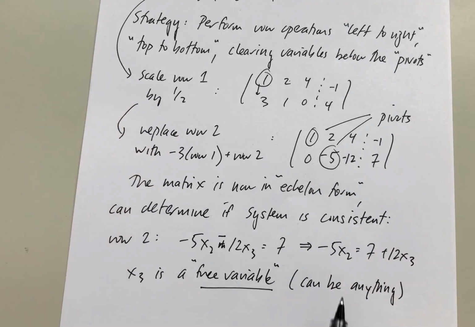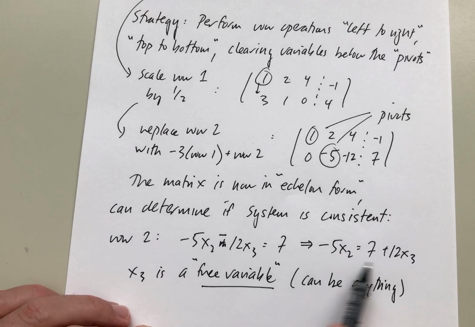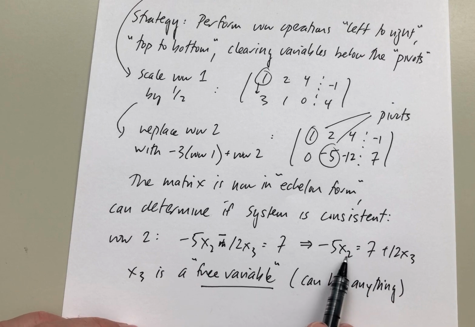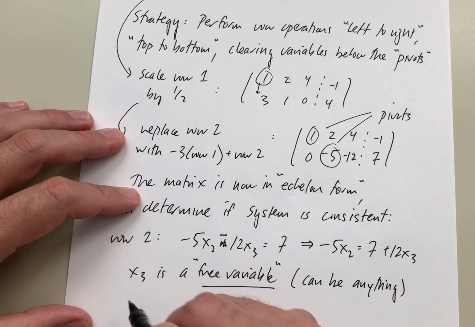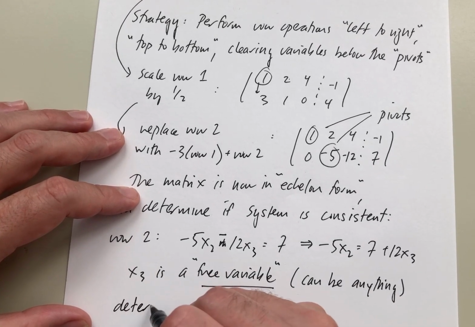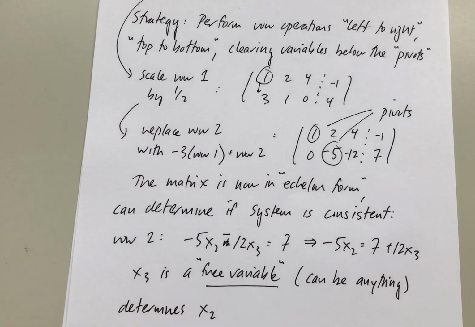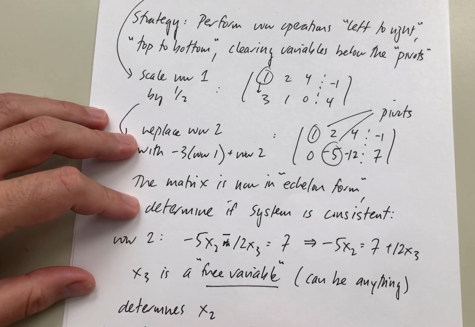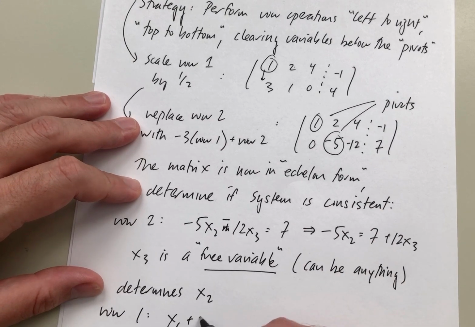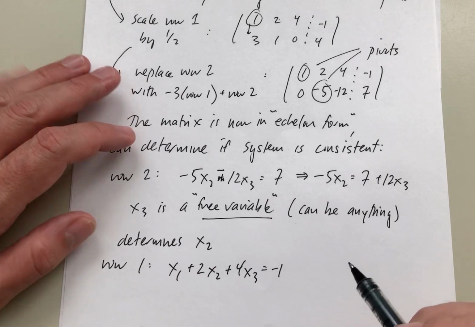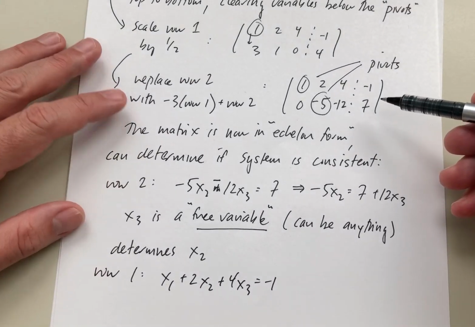But then it forces x2, we can solve for x2. If I knew that x3 was 1, then I plug it in. It's 7 plus 12 is 19. I can solve for x2. So this determines x2, which is going to be called a pivot variable. And then from row 1, I see that x1 plus 2x2 plus 4x3 equals minus 1, just by copying down the new row 1.